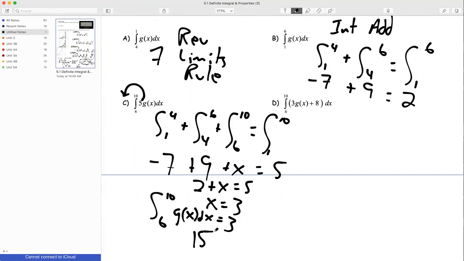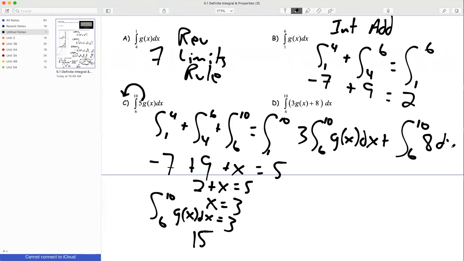All right, and finally, I've got the integral from 6 to 10. I'm going to move the 3 out front, and then I've got g of x dx plus the integral from 6 to 10 of 8 dx, splitting those up and moving the constant out. I just found the integral from 6 to 10. I know that it is 3.